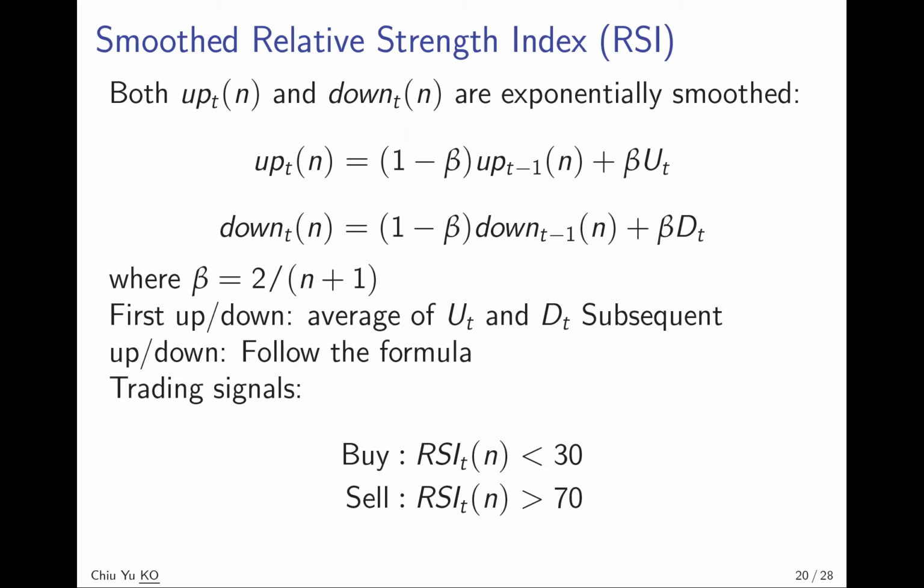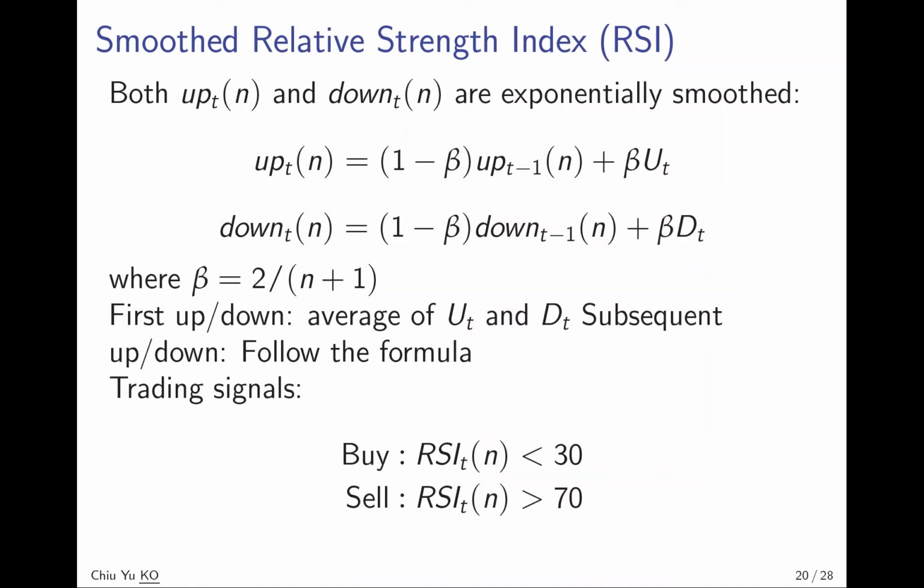Next, we want to talk about a smooth version of RSI. Actually, they're not too different from the simple one, but instead of calculating the average of U and D for up and down, you use an exponential version of U and D. When you calculate the smooth version of RSI, you do the same as before: for the first RSI we use the average version, and subsequent ones use the update formula.